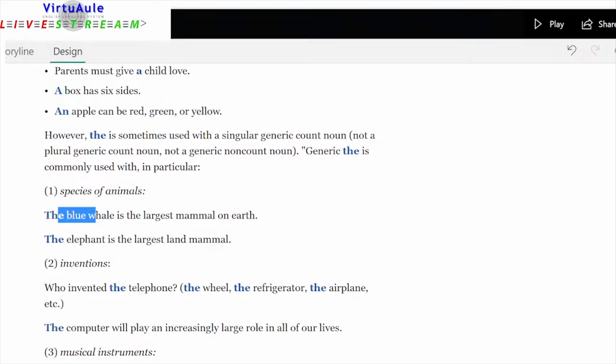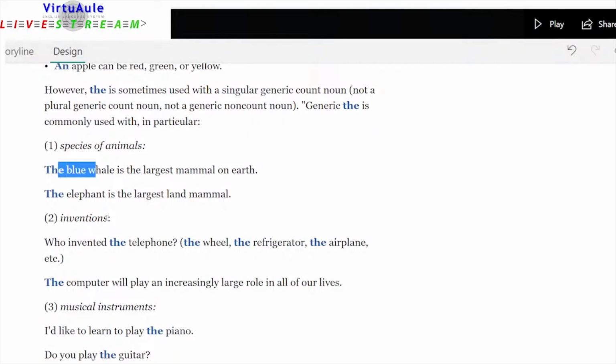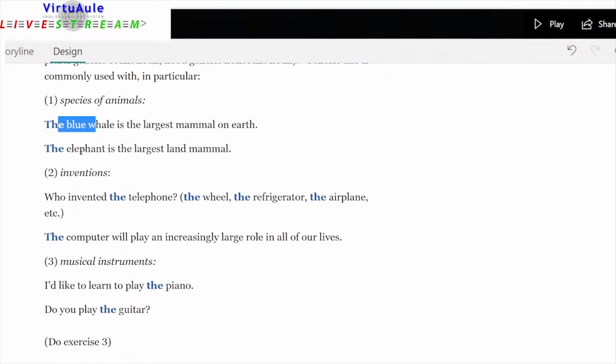So I'm specifying this species. Whale is singular, it's generic, and it's countable. So we can use the here, and it means the species. The elephant is the largest land animal. You could also say elephants are, or you can say an elephant is. All of those are possible.